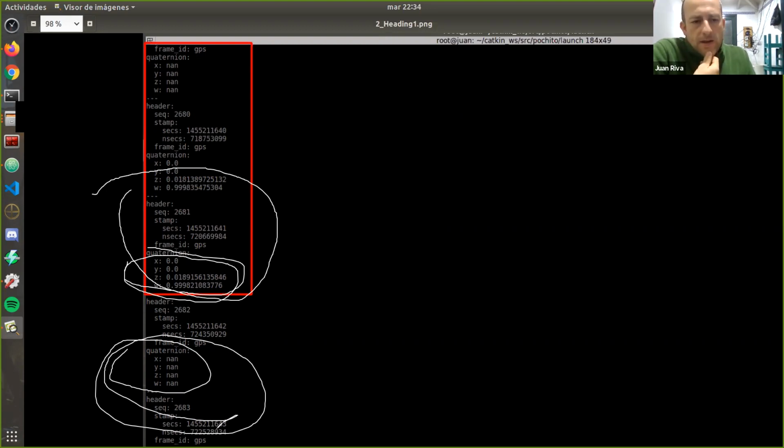Yep. On the F9P or on that GPS, I think even the F9P, if you're stopped, that goes to NaN. So it's a known thing. No, I understand, and I understand the solution.